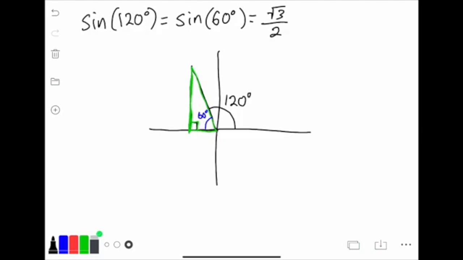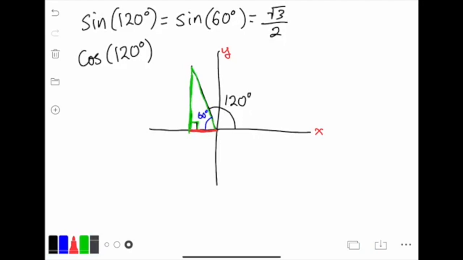However, something different is going to happen if I was now asking for cosine of 120 degrees. Now, if we're looking at 60 degrees here, if we're referring to the reference angle 60 degrees, notice the adjacent side over here, which I'm drawing in red, is actually to the left of the x-axis. If you remember your x and y coordinates, anything to the left of the origin is going to be negative.